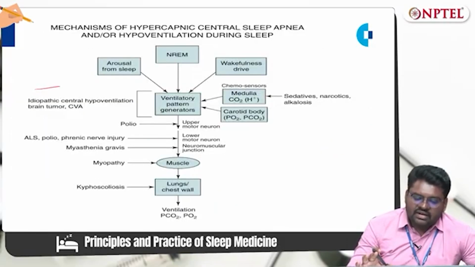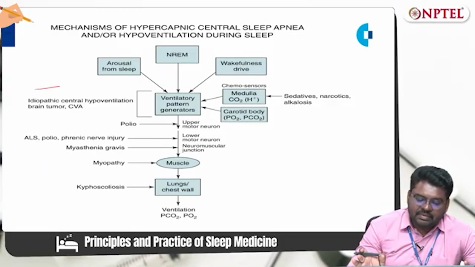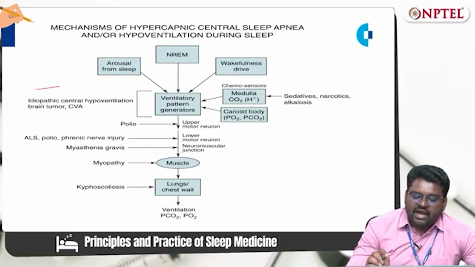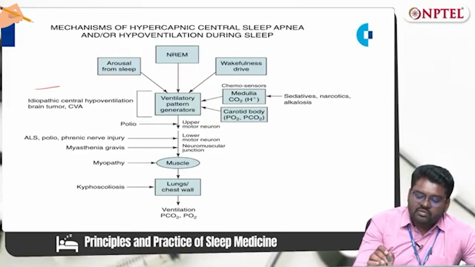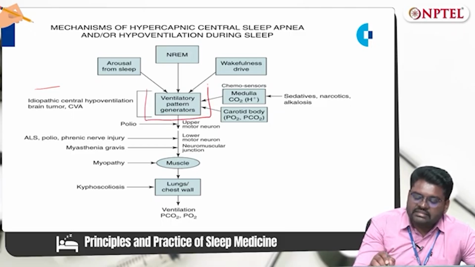So we are coming to the conclusion of the hypercapnic central sleep apnea and hypoventilation syndromes. During sleep, all the major factors like arousal from sleep, NREM, wakefulness drive, medulla, and carotid body finally act on one particular system, the ventilatory pattern generator.